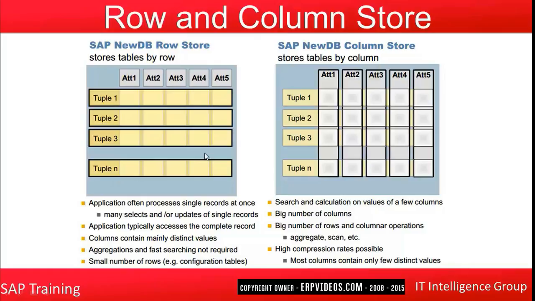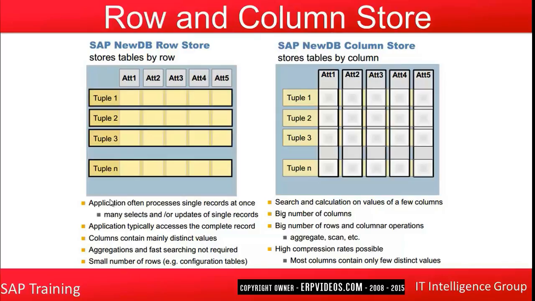This is mainly for OLTP based applications, and applications often process single records at once, things like master data and configuration tables. For these kinds of tables, it is recommended to use row store. And wherever aggregation and fast searching is required, you can go for column store tables.